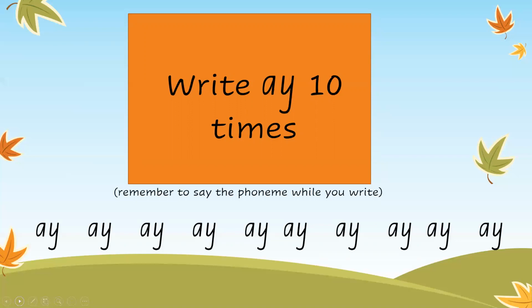So they might trace, although I wouldn't recommend tracing for everybody, but if you have a child who has really significant memory delays, this is an opportunity for differentiation. So perhaps they trace one of yours, then they write their own, and then they close their eyes and actually write it either in the air or on the paper with their eyes shut. It won't be neat, but it will help them to internalize that formation and the grapheme.